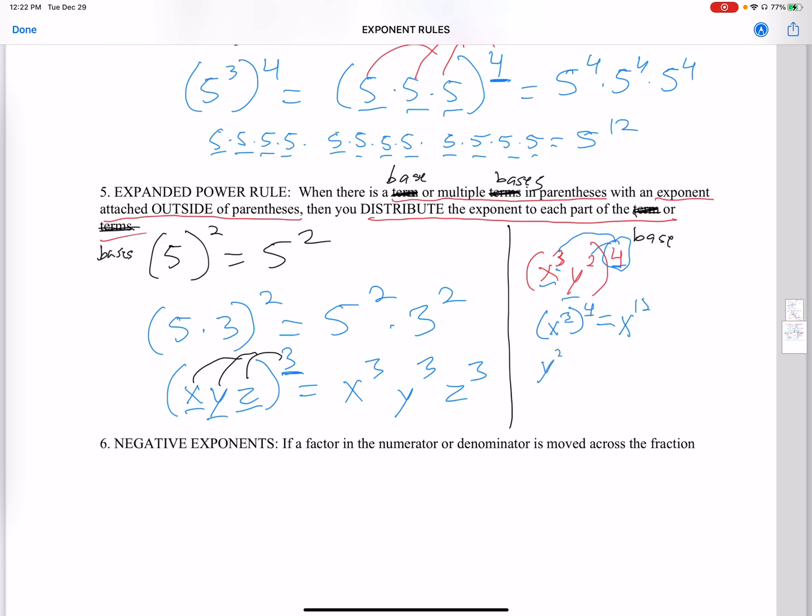And then y squared to the fourth gives you y to the 8th. So if I combine them, I now have x to the 12th, y to the 8th. This is basically me combining the expanded power rule and the power rule together.